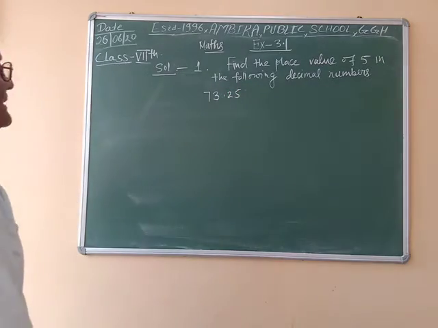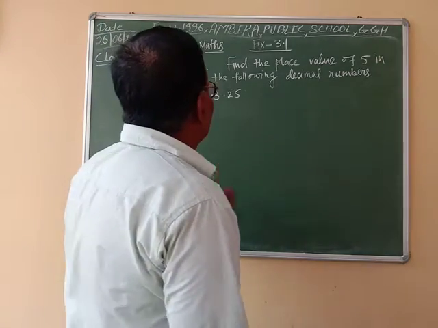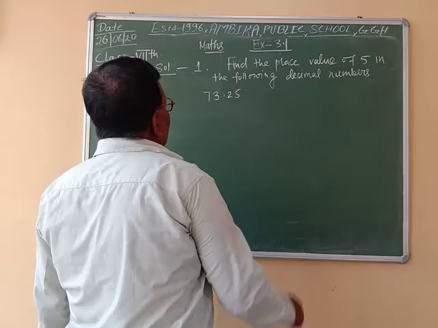We have to find the place value of 5 in the given decimal number.